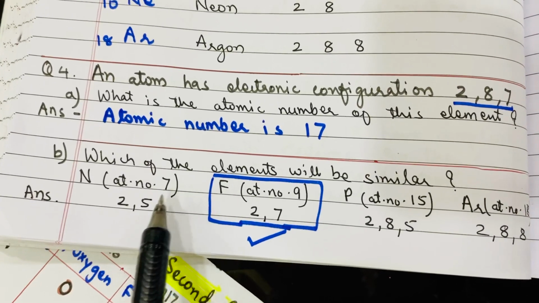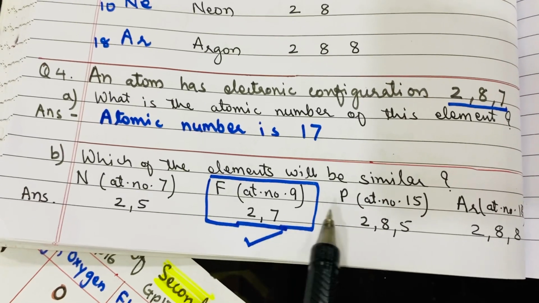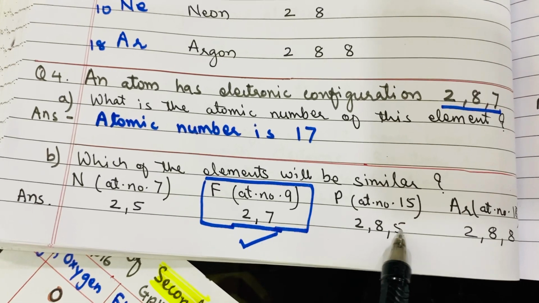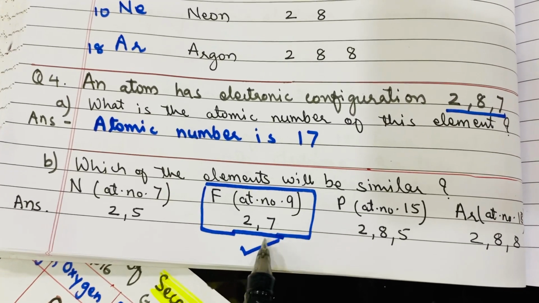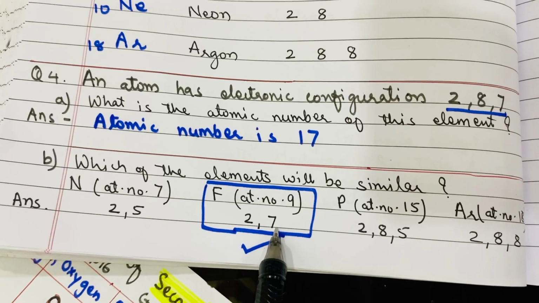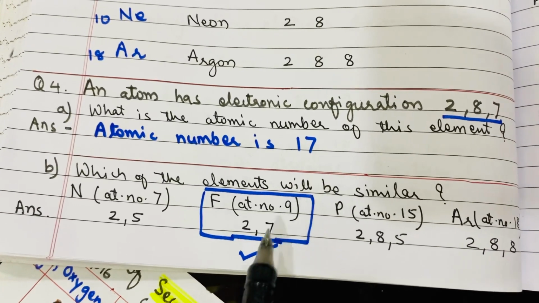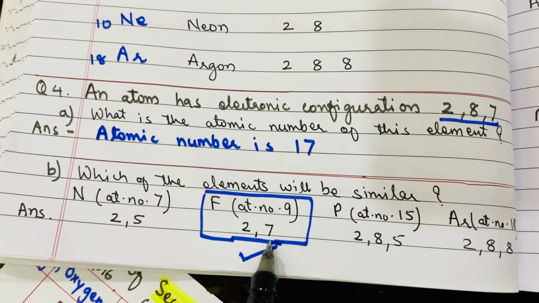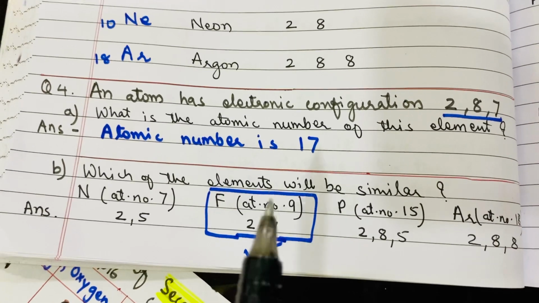Nitrogen, atomic number 7, electronic configuration 2, 5; fluorine, 2, 7; phosphorus, 2, 8, 5; argon, 2, 8, 8. Now you tell me which element is similar? Yes, the element having 7 electrons in its outermost orbit is similar to this element. So fluorine is the correct answer. So we have to see the valence electrons present in the outermost orbit.